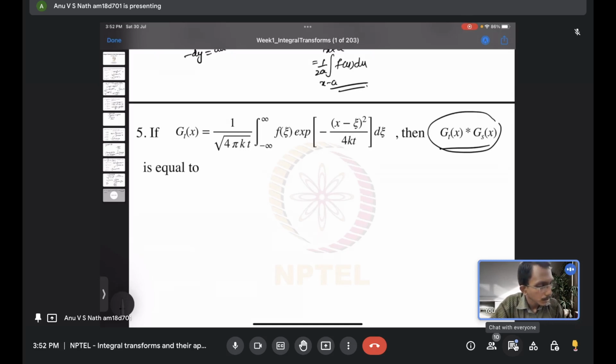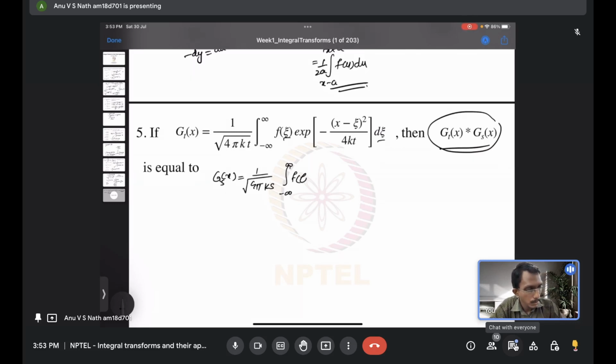First of all, g_t of x is already given, so we just want to write g_s of x. Just replacing t with s, so 1 by square root of 4 pi k s, integral from minus infinity to plus infinity of f of theta. Because xi here is a dummy variable, I just want to use a different variable so that the integrations will come together and not become complicated.